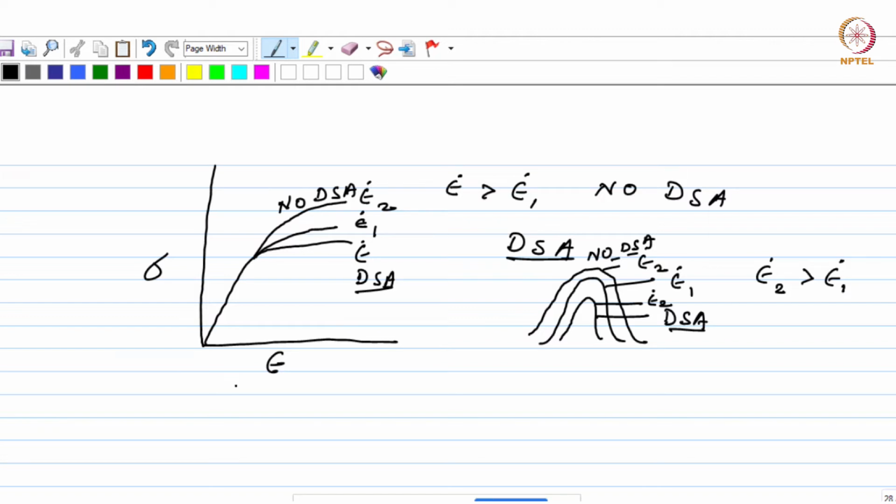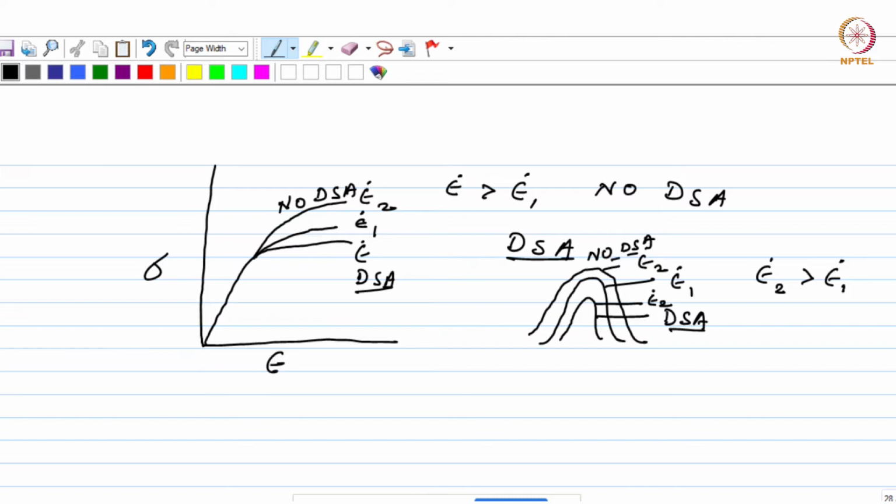Right, in one case the barrier increases, so more stress has to be applied for the dislocation movement when no DSA is occurring, and when DSA is occurring, on the other hand, the barrier decreases and you need less stress for the movement of dislocations, right? And that you can see in the stress strain diagram also.